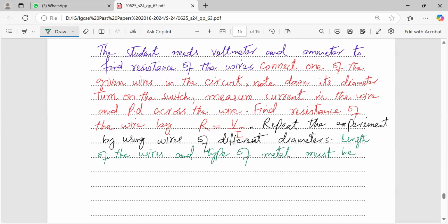They must be kept constant for a fair test. The type of the metal affects the resistance, and also the length of the wire affects the resistance. So these must be kept constant to make a fair test, a fair comparison.